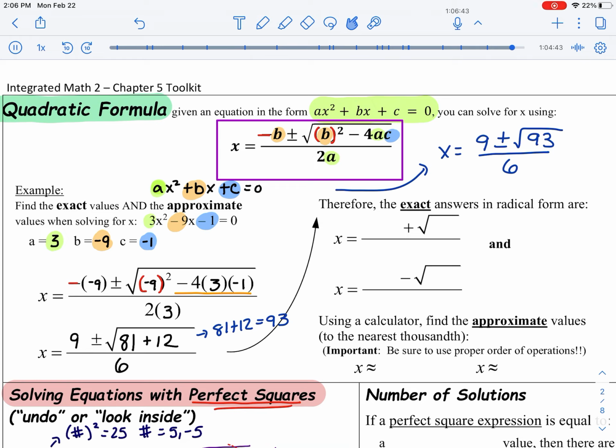Which, because of that plus or minus, splits me into 2 separate equations because there are 2 possible outcomes for x. x equals 9 plus the square root of 93, all divided by 6, or x equals 9 minus the square root of 93, all divided by 6.